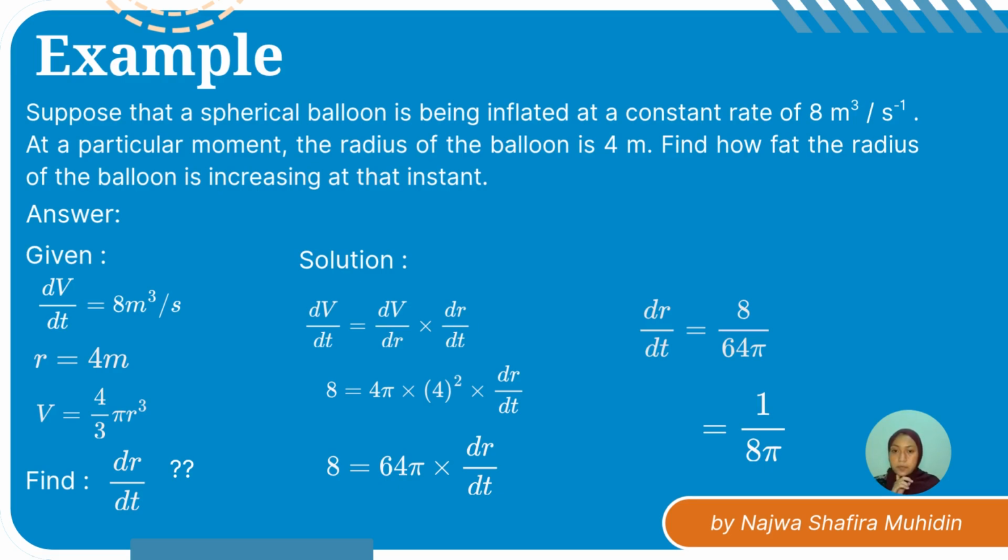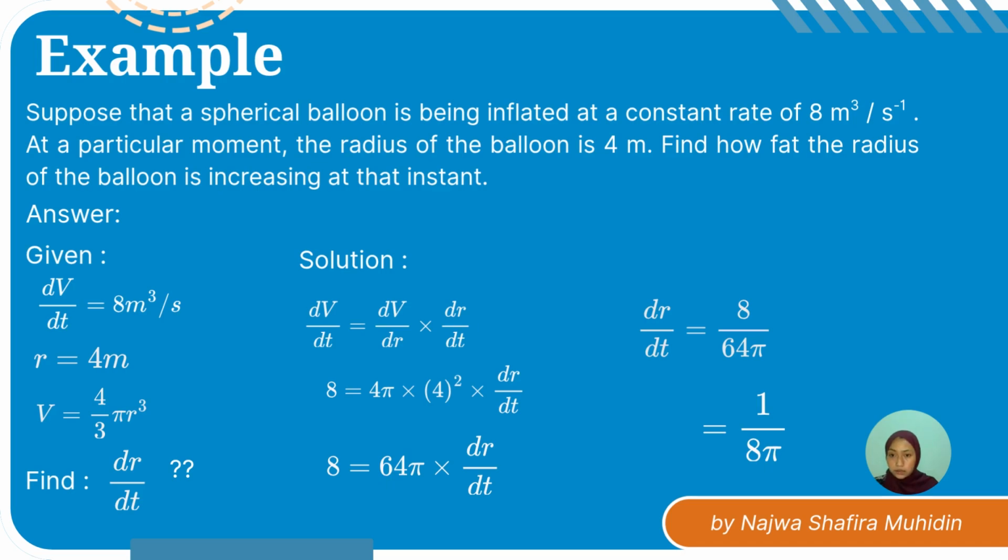Step-by-step solution. First, use the chain rule: dV/dt equals dV/dr times dr/dt. The formula gives dV/dr equals 4 pi r^2.